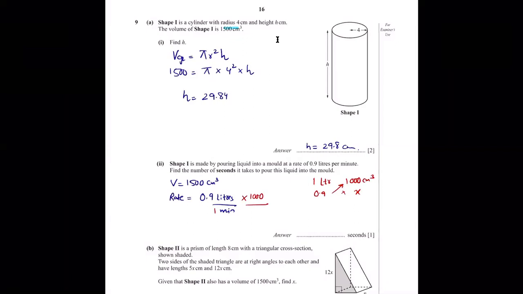So in 1 minute there are 60 seconds. Okay, in 1 liter there were 1000 centimeter cube. Now your units are consistent. Liters cancel, minutes cancel. So 0.9 into 1000 upon 60, this is the rate.